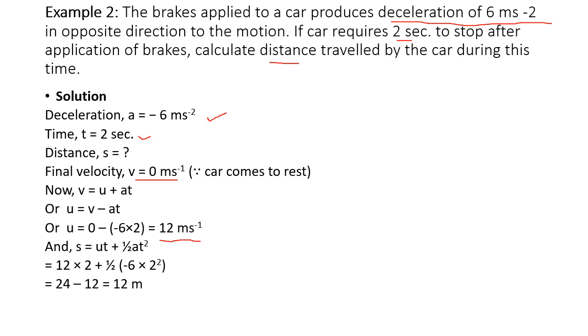And as per the second equation of motion, you can calculate distance, position time relationship. So 12 into 2, u into t plus half a into t square. If you substitute all those values, you will get 12 meters. So this is the distance traveled by the car during the time.